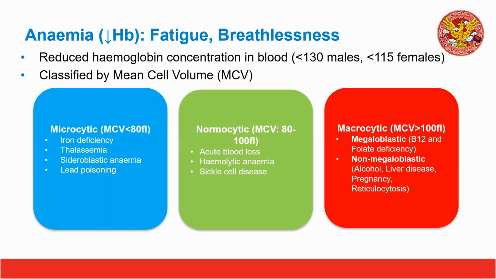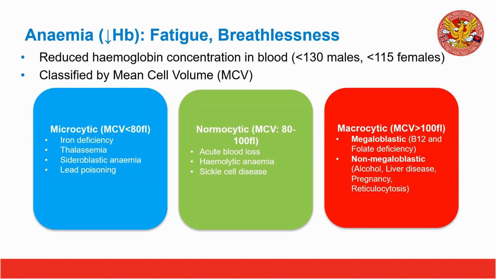These are still large red blood cells, but a bit more matured. In terms of what causes megaloblastic anemia, the most common causes are B12 deficiency and folate deficiency. And for your non-megaloblastic causes, liver disease, pregnancy, chronic alcoholism, and reticulocytosis can lead to an increase in the mean cell volume.